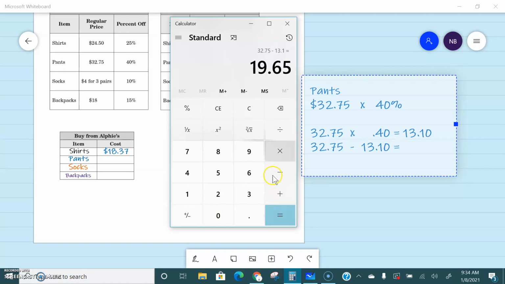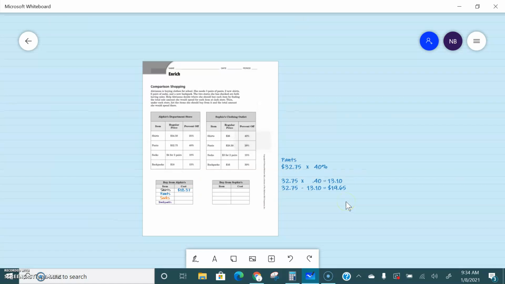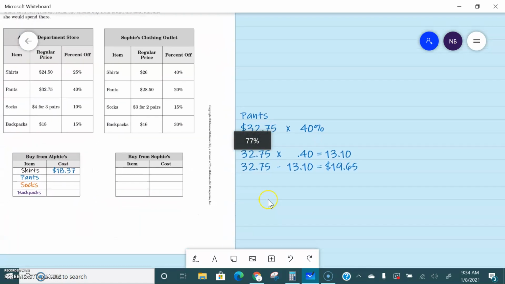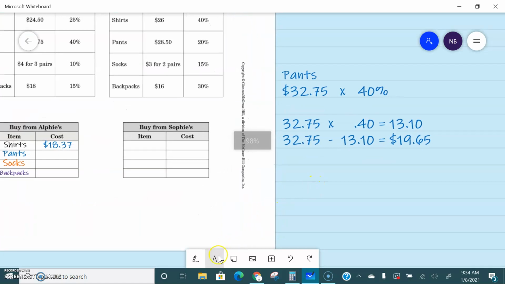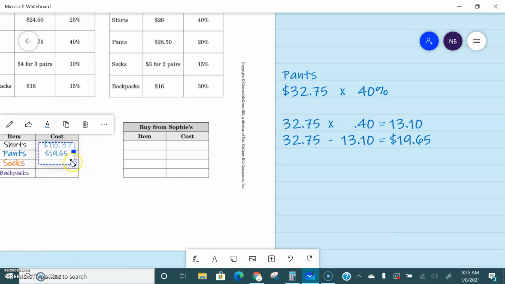And the sale price of the pants is $19.65.